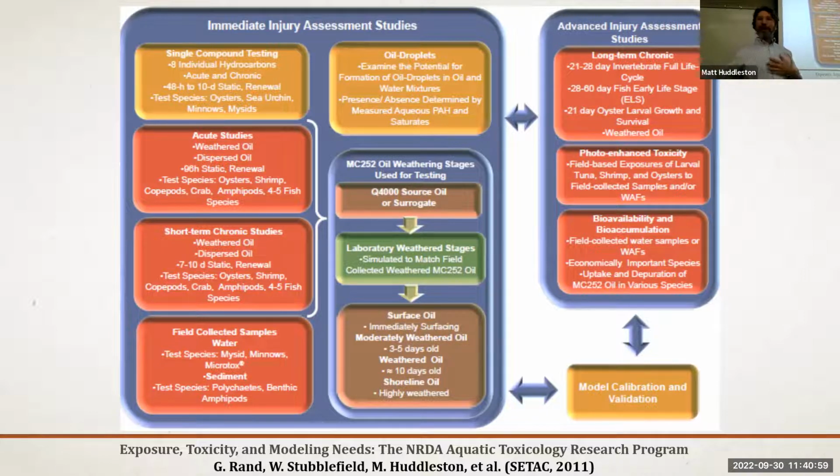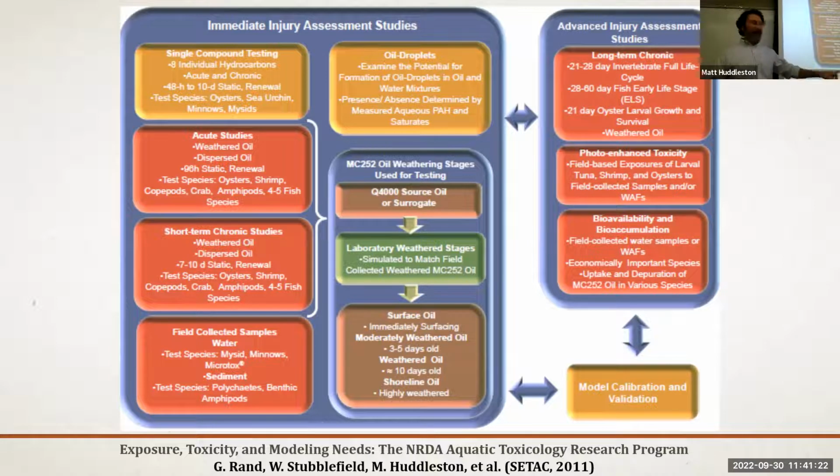I'm not a marine toxicologist, but it turns out I didn't have to be. As long as I understand that exposure and response principle of ecotoxicology, it was applicable. So this was the first cut at our program that we did collaboratively with the trustees.